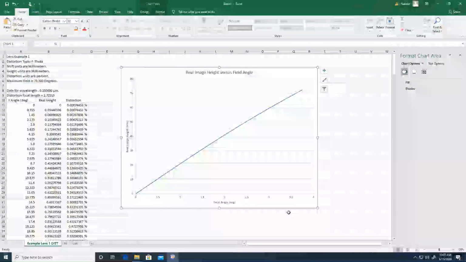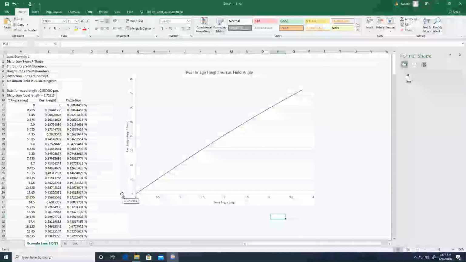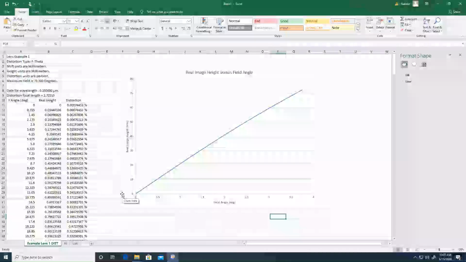Of course, it's the same data, but if you're comparing one lens to another or multiple lenses, it's much easier to just look at the graph and say, okay, this lens has X amount of distortion, that lens has Y amount. But when you're working with a particular lens, once you've chosen it, the tabulated data becomes very useful for two reasons. First, it allows you to find the actual field of view at any given field point, whether it's the horizontal, vertical, or any region of interest.